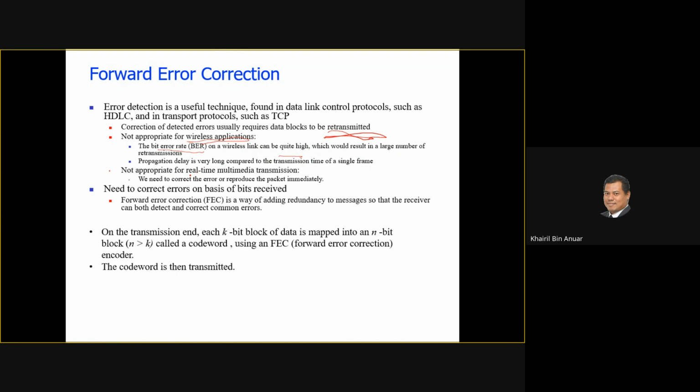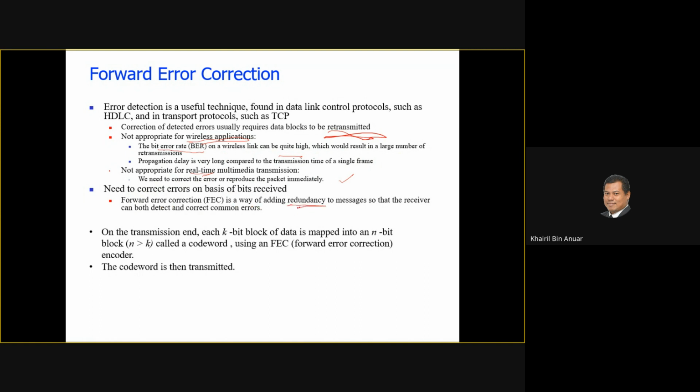another example here is real time, which is also not a good case. We need to correct the error and reproduce the packet immediately. So rather than only detect, you need to detect and also make correction. You need to correct errors on the basis of bits received. So forward error correction is a way of adding redundancy.